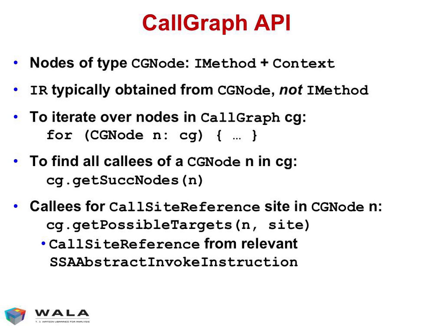And if you have a particular call site inside a node and you want to know what can be invoked at that call site, there's a method on CallGraph, getPossibleTargets, that will tell you that. And you need one of these CallSiteReferences, which you can obtain from the relevant IR instruction that performs the invocation. It's an AbstractInvokeInstruction.